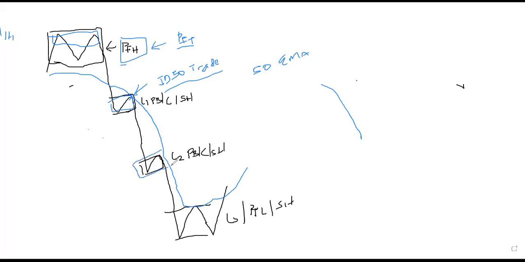Now again, we have another 50 EMA pullback here. This is the second time. Now, personally, I will advise that you take two types of trade. For consistency and profitability in Bitcoin, it is either you trade a peak trade or you trade an ID50 trade.